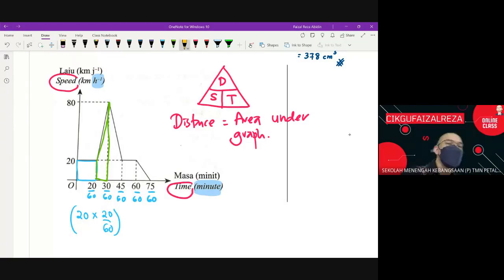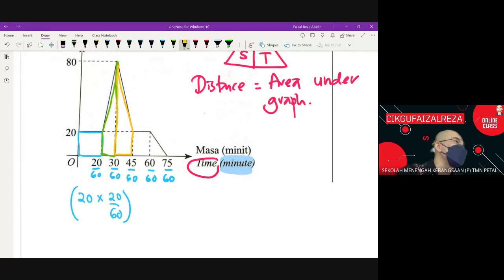This one also another trapezium. Look at your picture there. There are two trapezium, isn't it? So the first trapezium. Did you remember the area of trapezium?